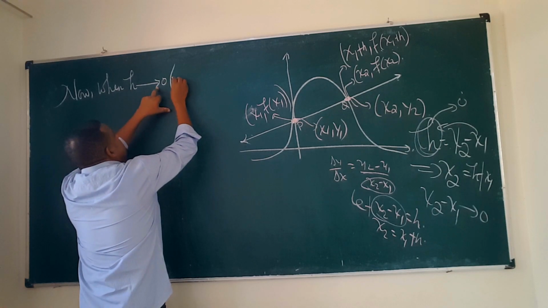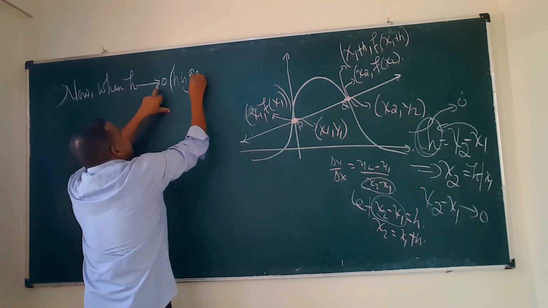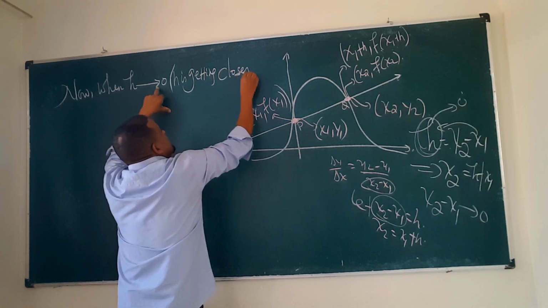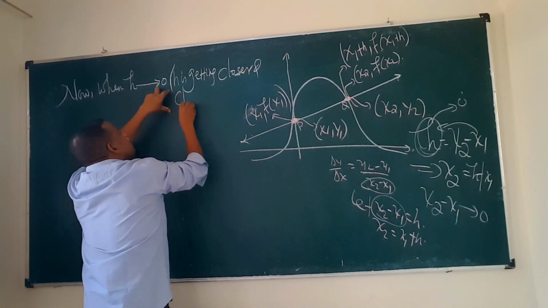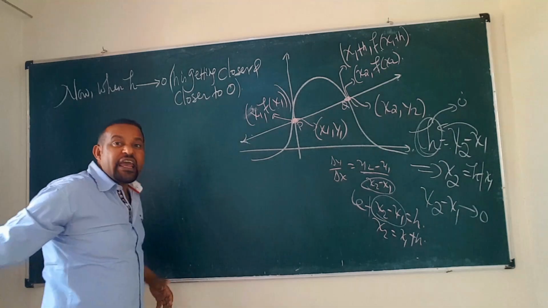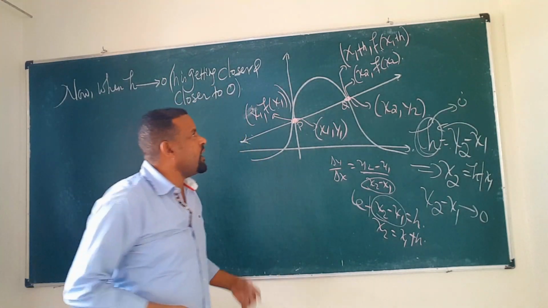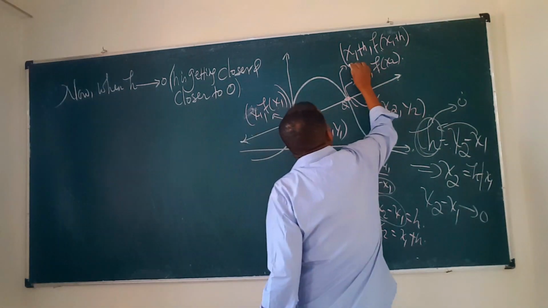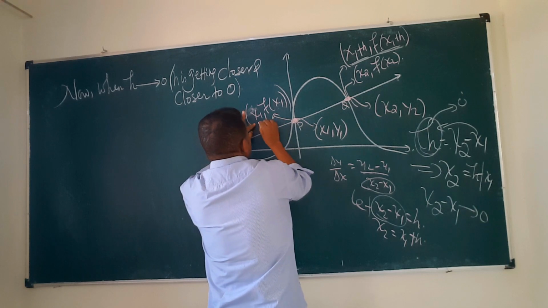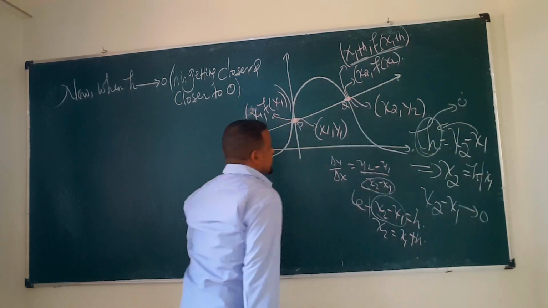When h is getting closer and closer to 0 ማለት የኤች ዋጋ ወደ 0 ቀረበ ማለት ተመልከቱ፣ እነዚህ ሁለት ኦርደር ፔር ነው አለ x1 f of x1, x1 plus h f of x1 plus h. Good.